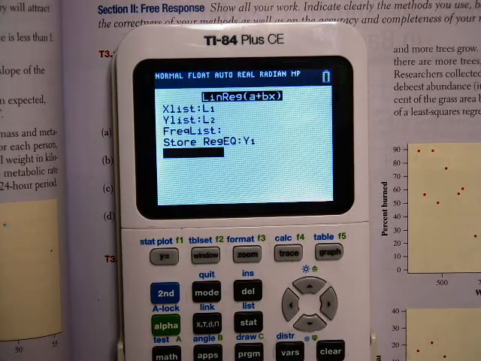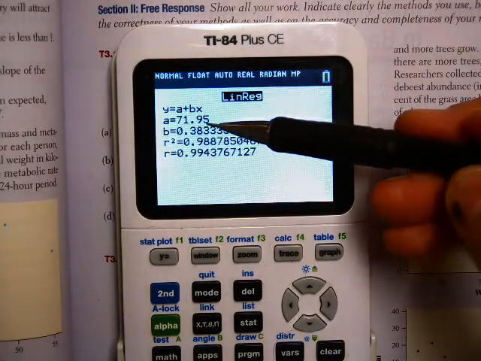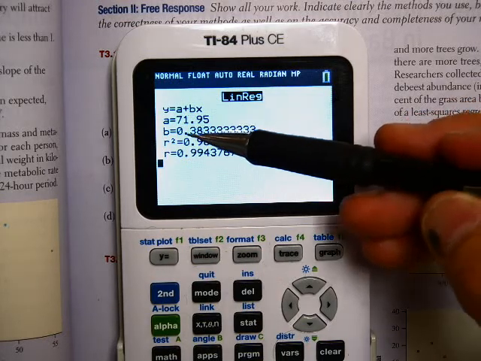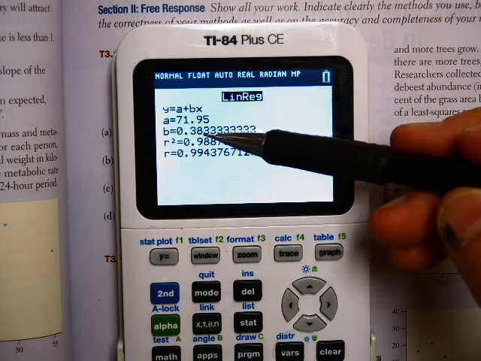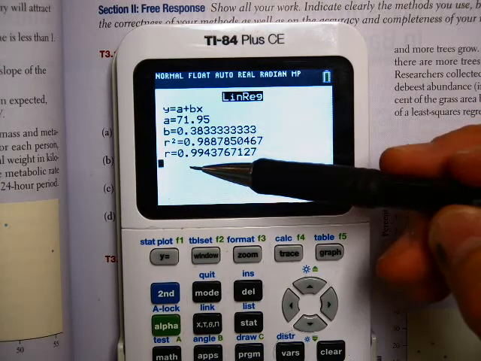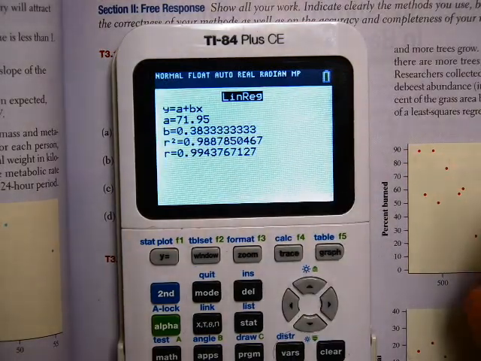Calculate. Why not while I'm here, right? Okay, so my y-intercept is about 72, and my slope is about 0.38. R squared is 0.988, and R is 0.994, very strong linear.